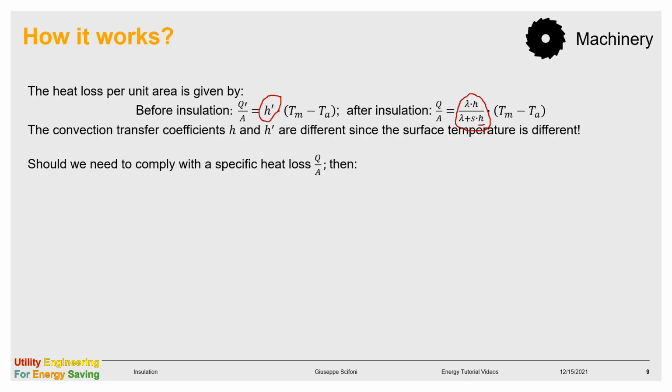Should we need to comply with a specific heat loss, then we can use the expression in red saying what is the wanted thickness under a defined value of Q.